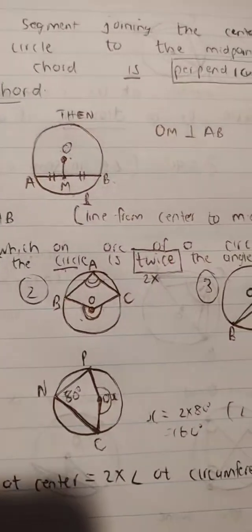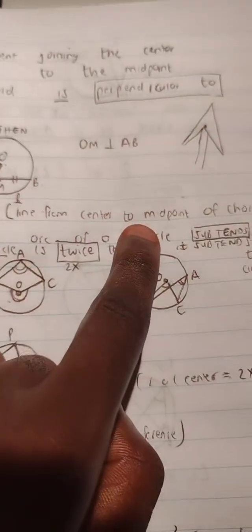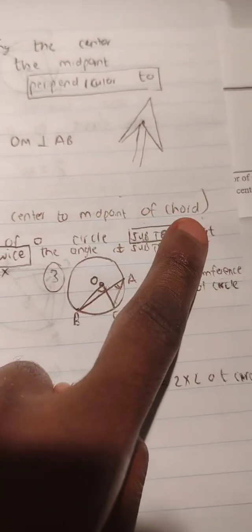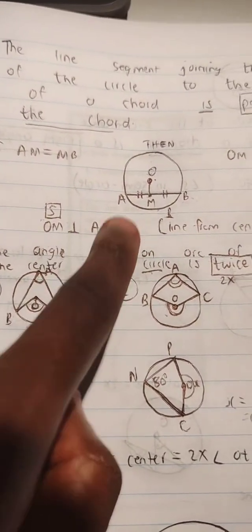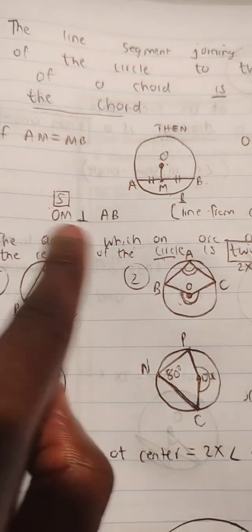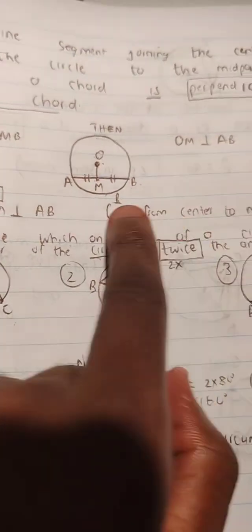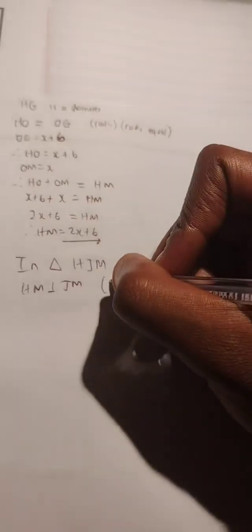OM is perpendicular to AB. I write what I don't see. What's the reason? Line from center to midpoint of chord. So those that said line from center to midpoint of chord, 100%.